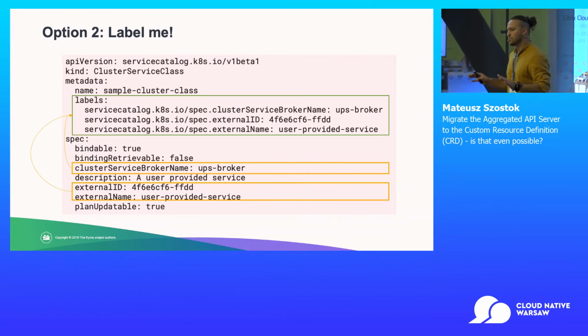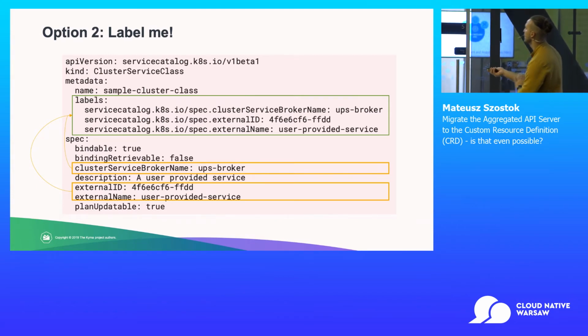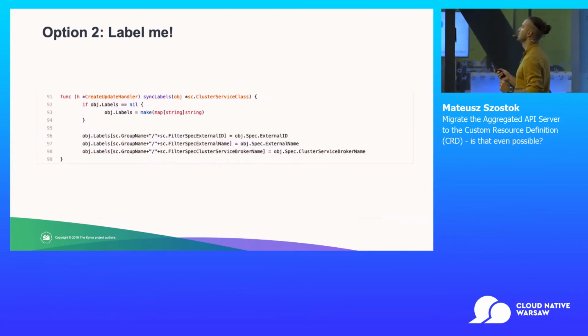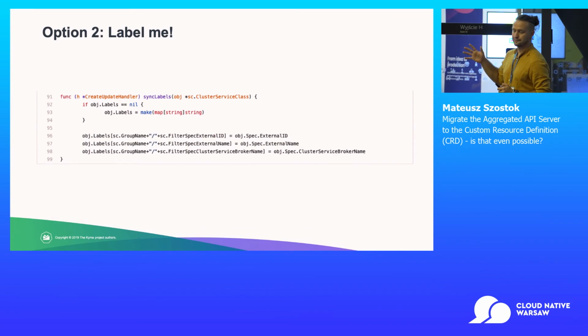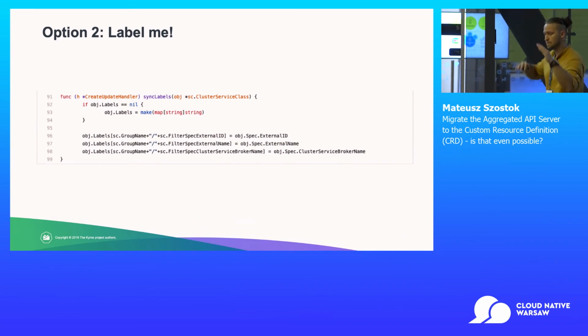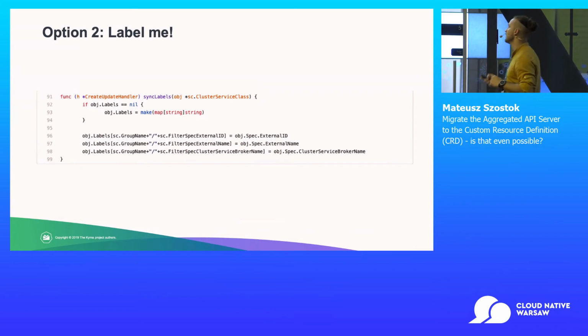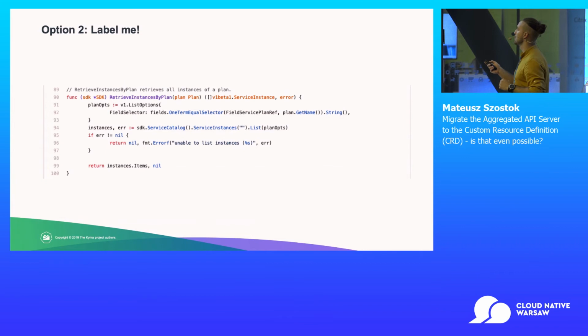Maybe it's not really pretty, and it could be problematic, but in our case, what we did is implement sync labels functions, which we execute on each create and update action from the CRDs. So we always have those entries in sync. Thanks to that, previously we had a field selector when we were listing all objects.